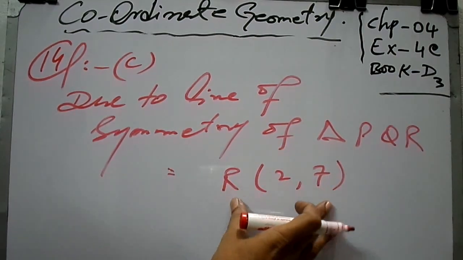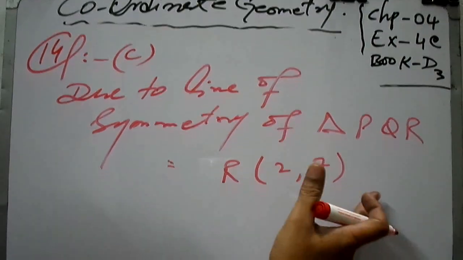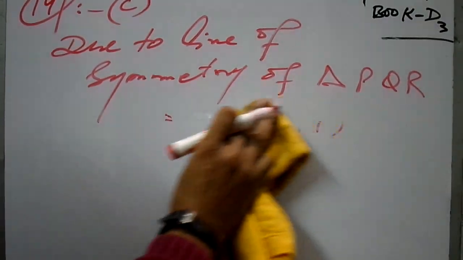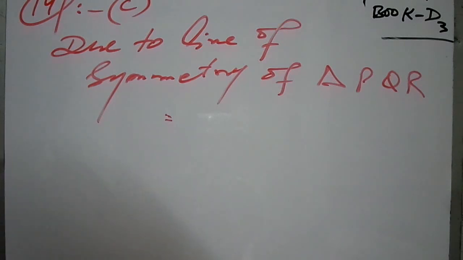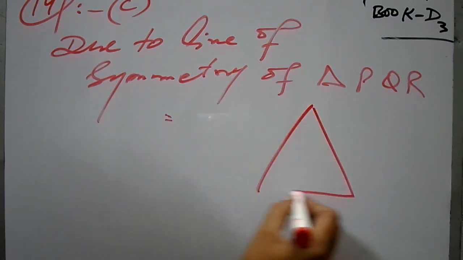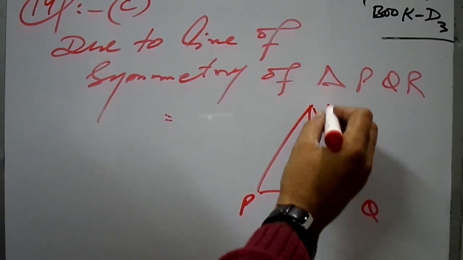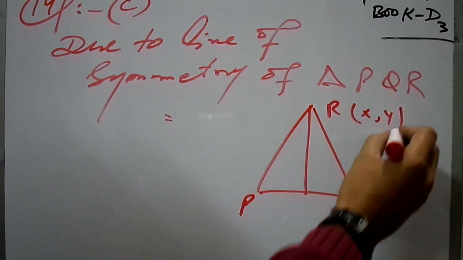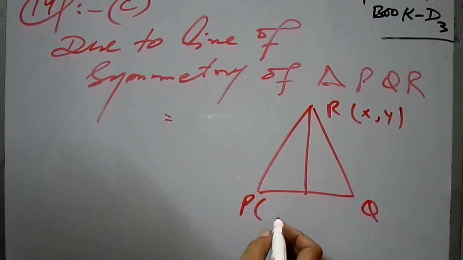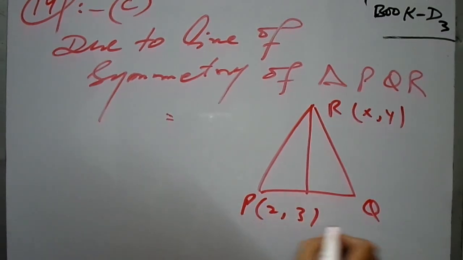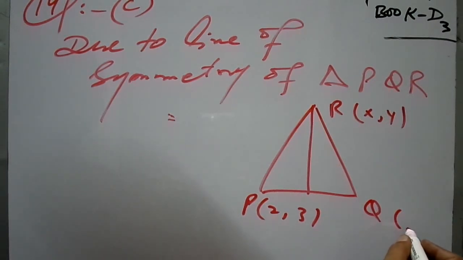The question is this: how to get this value? For example, first of all I have to draw the symmetry of the triangle, that is P, Q and R. R is x, y, we have to find, and the value of P is given to us, that is 2, 3, and the value of Q is 9, 5.